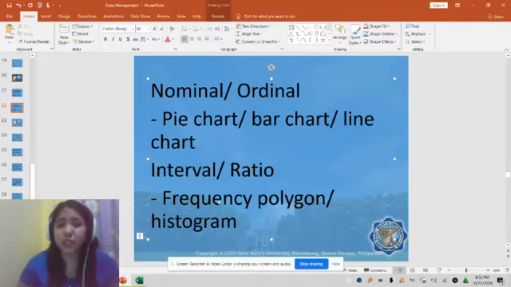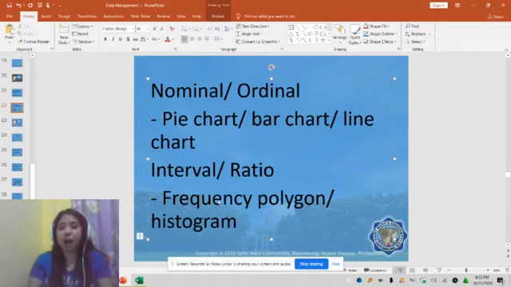We can also use a pie chart in special cases, especially if we just have a few numbers involved in the data. Like for example, the ages of the students, which are limited only to 15, 16, and 17 years old. So it only contains three numbers. We can still present that using a pie chart.